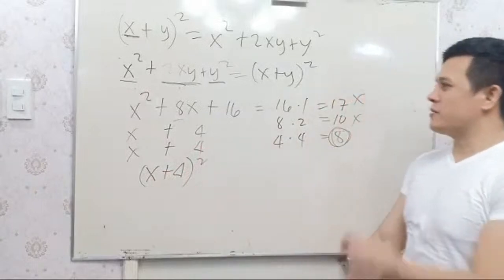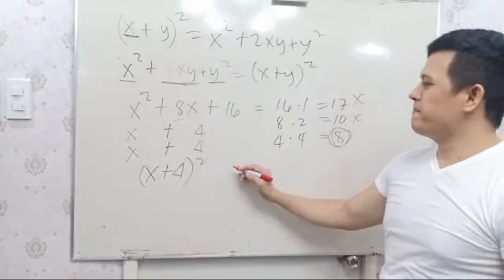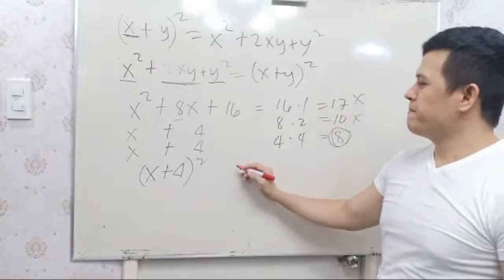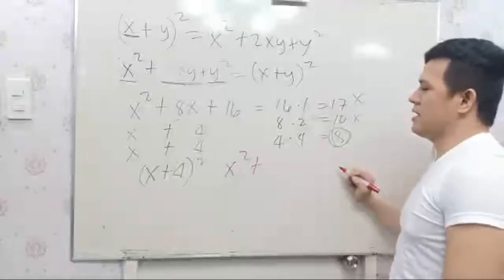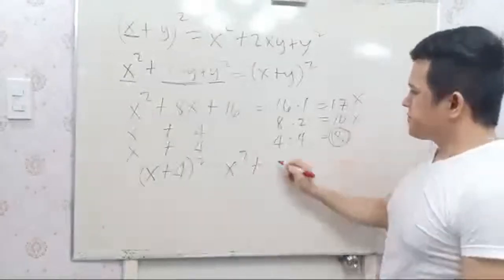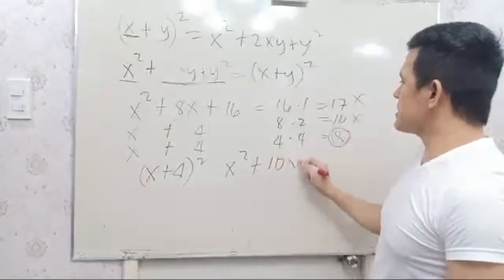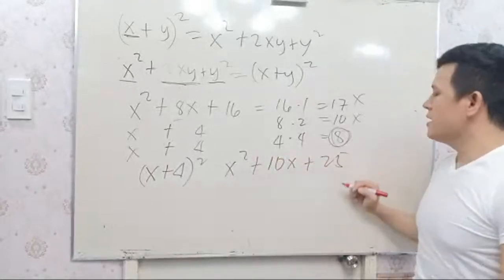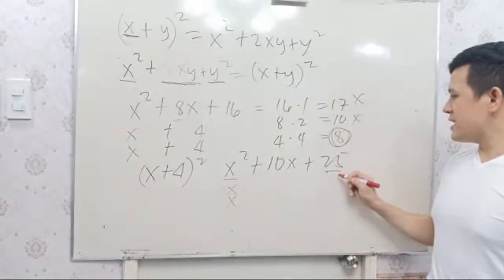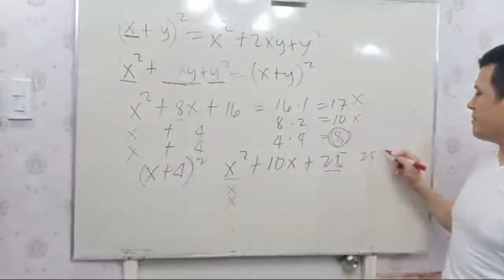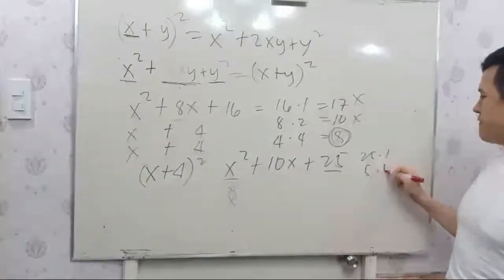Now, another example. x squared plus 10x plus 25. Okay? There you go. Next, factor the first, x and x. Factor the last, we can have like 25 and 1, and then 5 and 5, right?